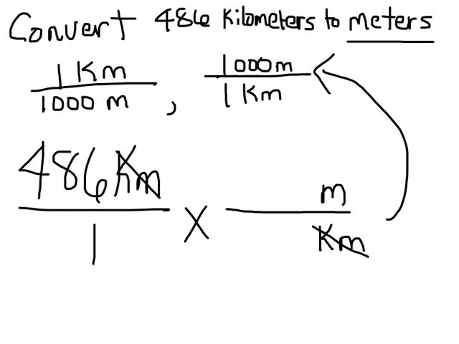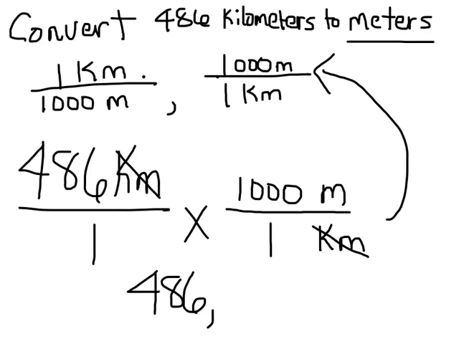See, there are 2 ways to write this rate, and this is the one we need. So we need the one with 1,000 over 1. Okay, now on this one, if we were going to solve for an answer, which we are not, we would multiply, and we would put 486 and comma 3 zeros, because 1,000 has 3 zeros.